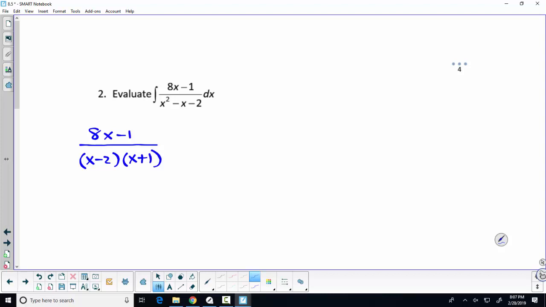Now, just be mindful of how you set this up originally and what you're putting your A and your B and your C or whatever over, because you have to plug those back in exactly how you set that up. I know I can write this integrand as A over x minus 2 plus B over x plus 1, right? So that's one option.